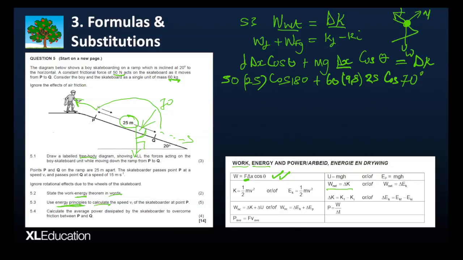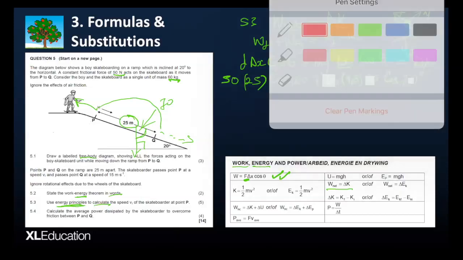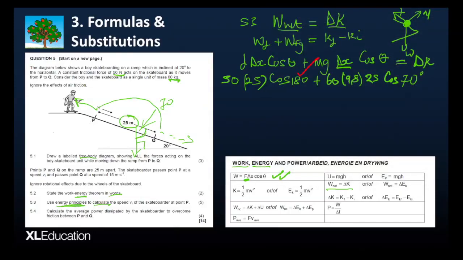Right. Once you have done this substitution here, the larger chunk of the marks are coming from that substitution there. Now, I'm taking this side of delta K. I've indicated that delta K is equal to half mv squared final minus half mv squared initial. Still, we need to do our substitution here. The mass of the object is 60. I put 60 here.